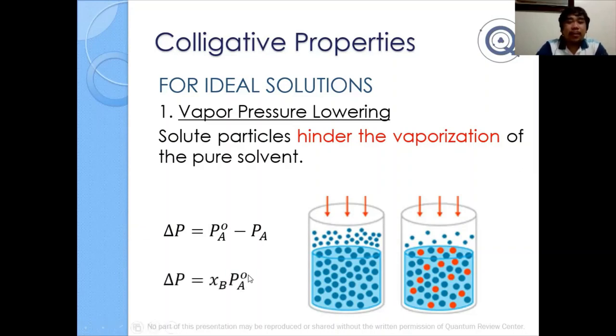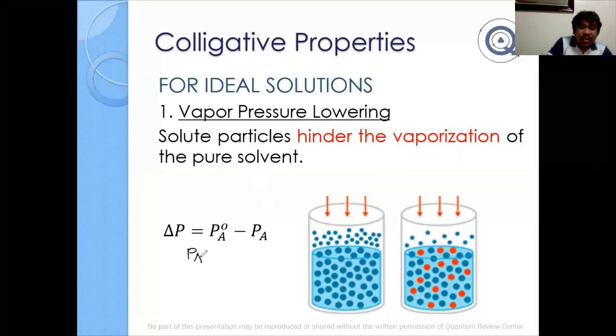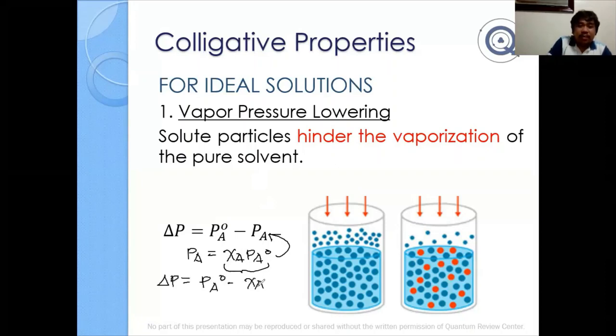Okay? And upon some derivation, actually nakuha ito sa Raoult's law. The final form of the equation was obtained from the Raoult's law. So anong sinasabi? Remember the Raoult's law? It says that PA is equal to XA PA naught. So if we substitute this term here, okay, what will happen? Your delta P will become PA naught minus XA PA naught.